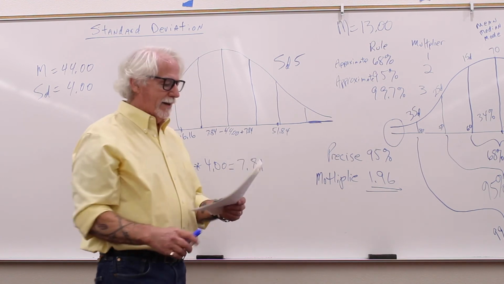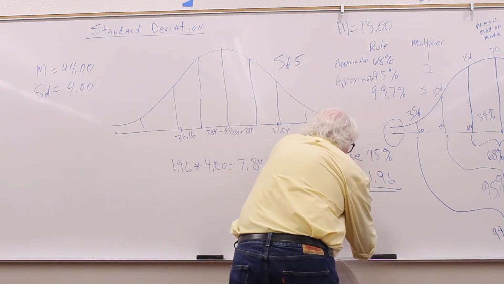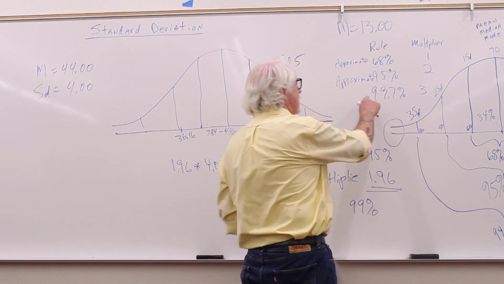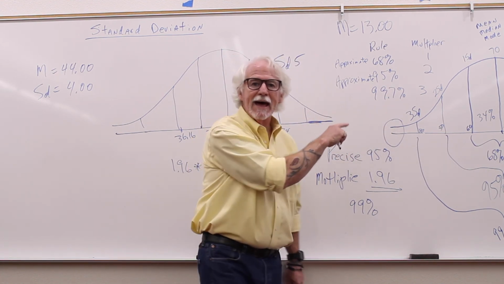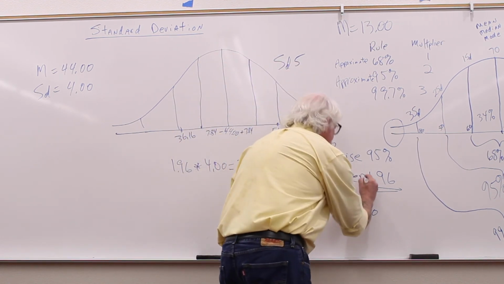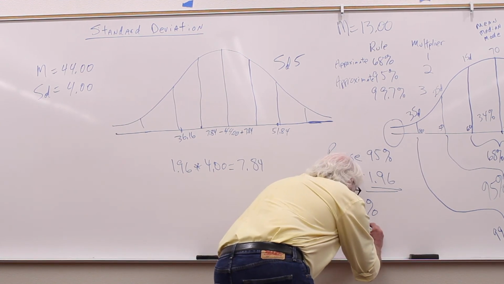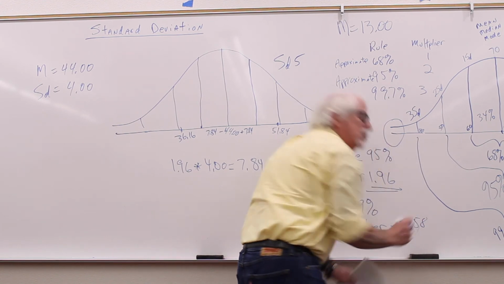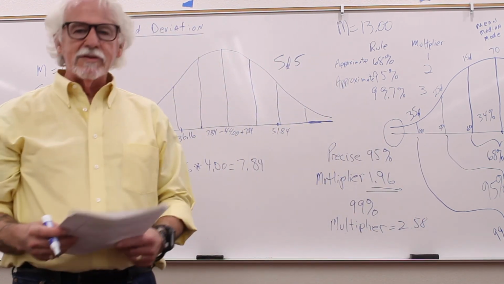One more time. Last one, the 99% rule. Remember we have the 99.7% rule, but we also have a 99% rule. The multiplier for the 99% rule is 2.58, and the process is the same.